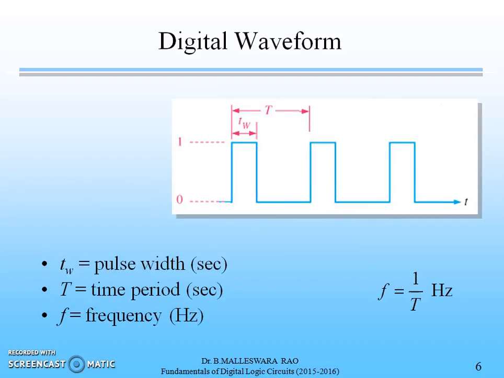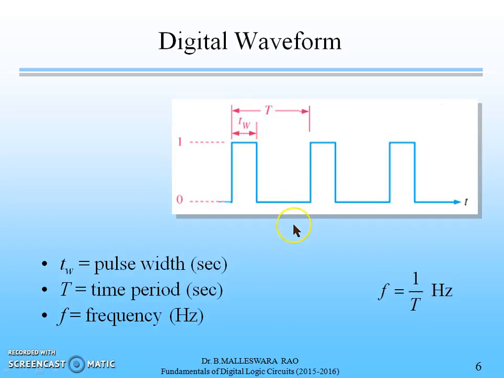For a digital waveform, this diagram represents the pulse width and time period. This is basically a rectangular pulse where the pulse width T subscript W and the time period capital T are clearly indicated.